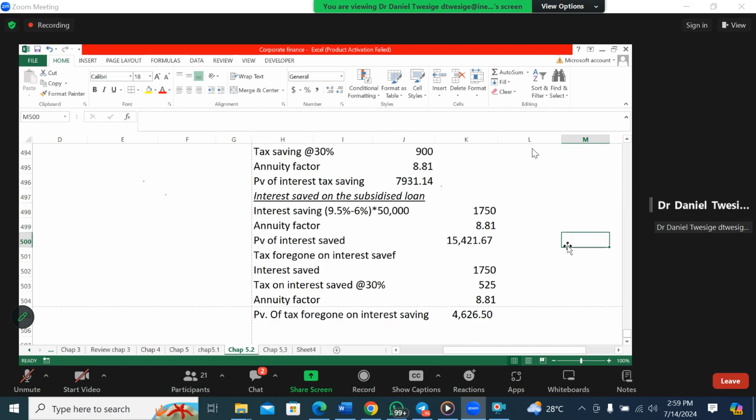So now I think we are almost there. Excuse me. Yes. Can you show us how you came up with 4,625.6? I'm back on that formula. What I got is this times this, the annuity factor times 525. Okay. Yes.